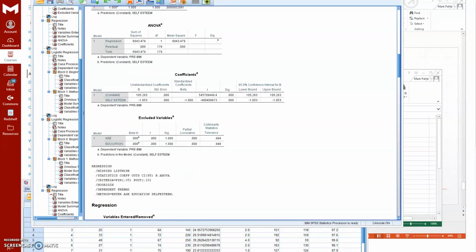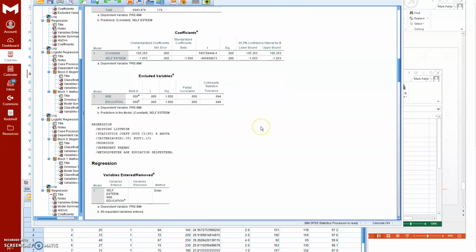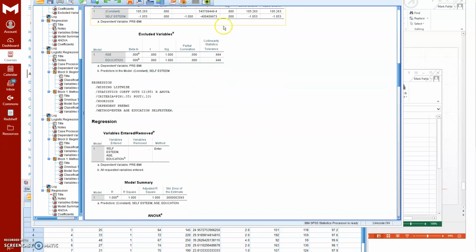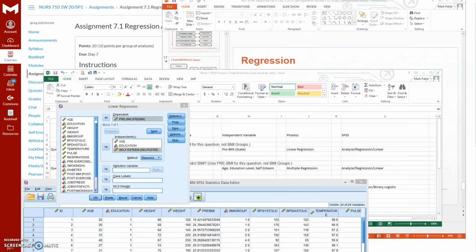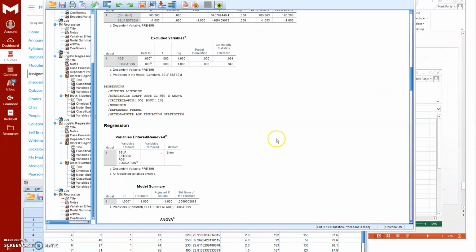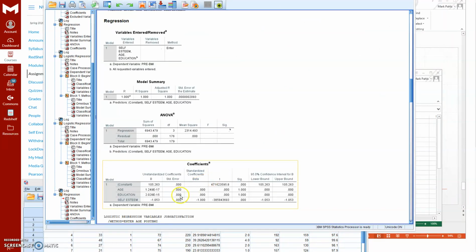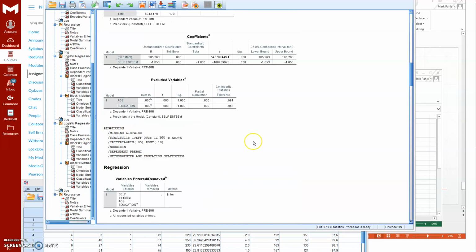Now, if you want to see how they actually do, change the method back to enter. If you do that, you'll see all three no matter what they are. Stepwise will test them all and take out anything that doesn't matter. Then it'll tell you what you removed. Actually, here's the enter right here, and you can see that there was no significance with age and education.